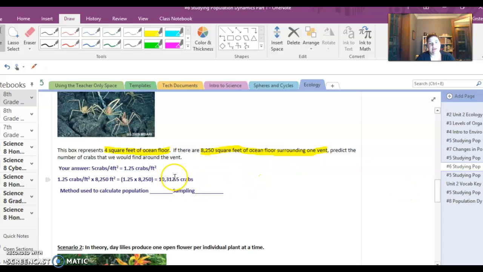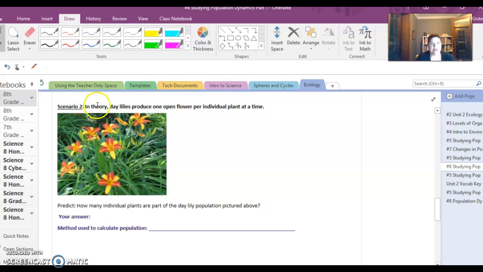And since I'm not so keen on counting half a crab, I'm going to round up to 10,313 crabs. And again, this is sampling because we look at a small area and multiply it over the larger area.